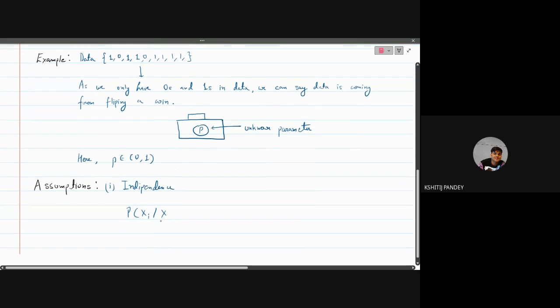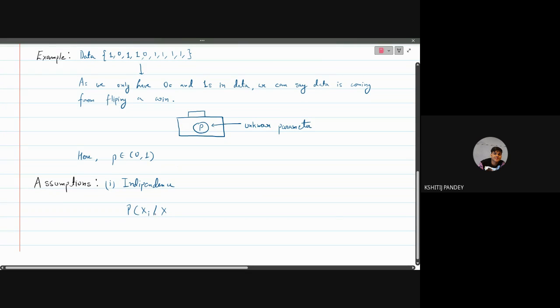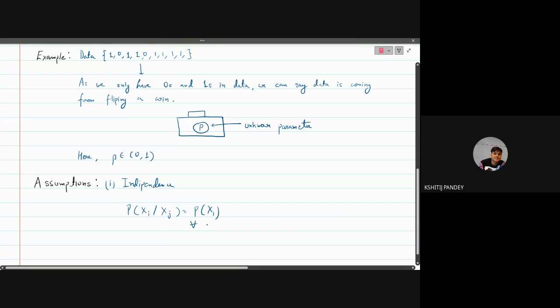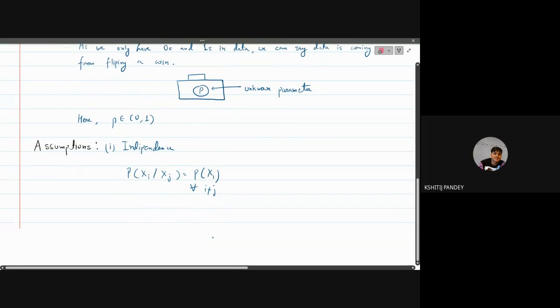So mathematically, probability of xi given xj will be equal to probability of xi, because xj is not affecting xi, and this is true for all i not equal to j. This is the first assumption.